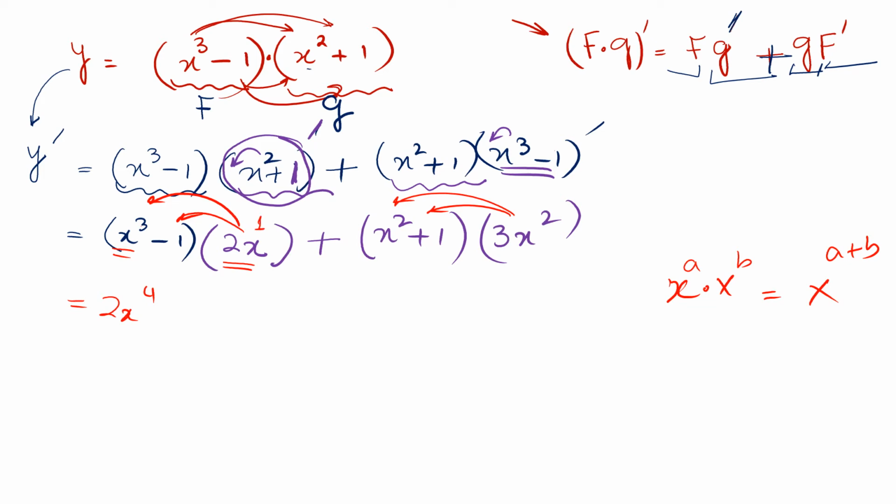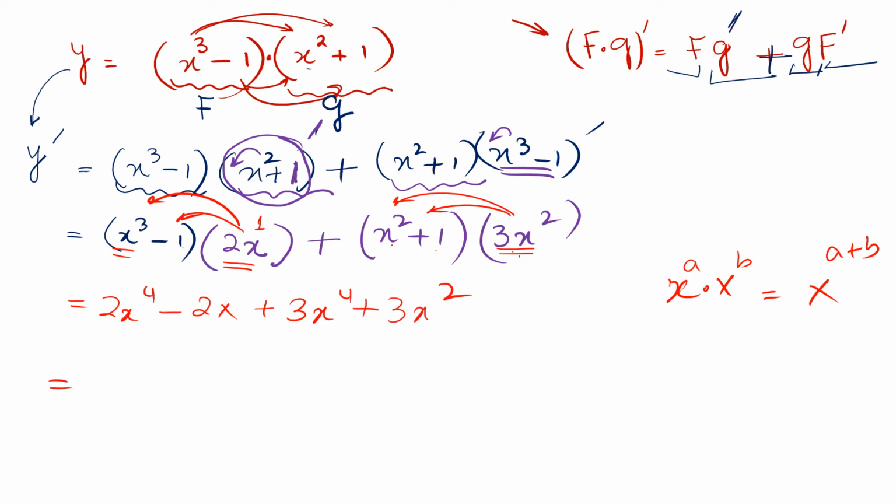Now multiply 2x by negative 1, so you will get negative 2x. Now multiply 3x squared with the terms of x squared plus 1. So 3x squared times x squared, you will get 3x to the power 4. And 3x squared times 1, you will get 3x squared.